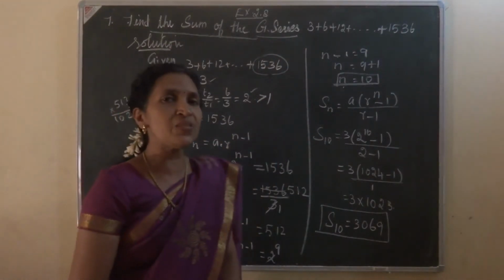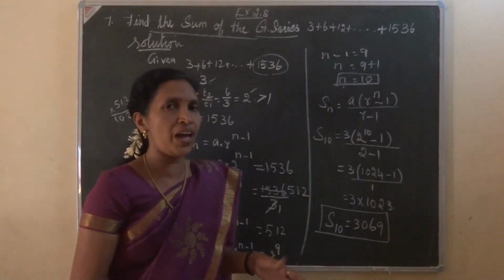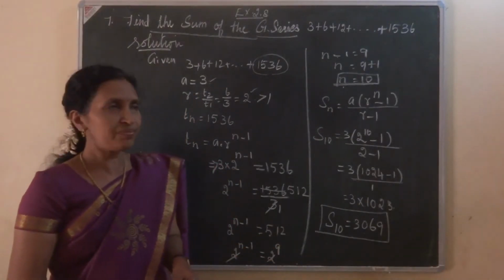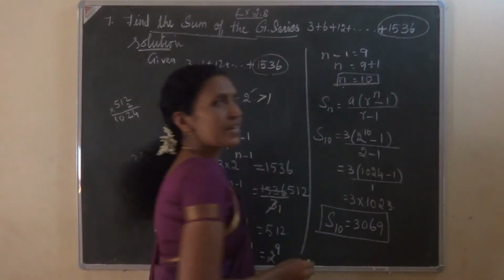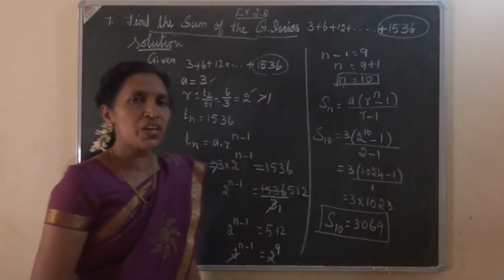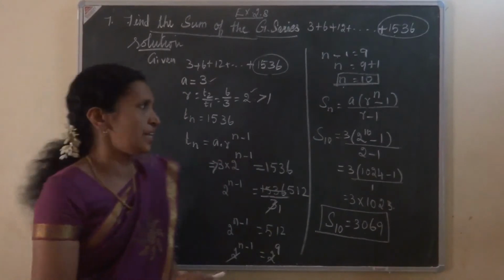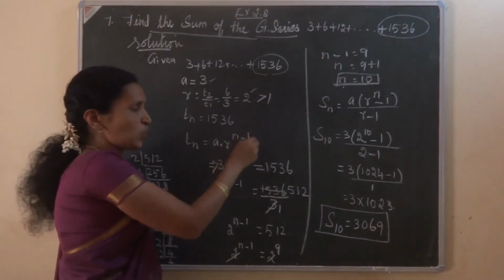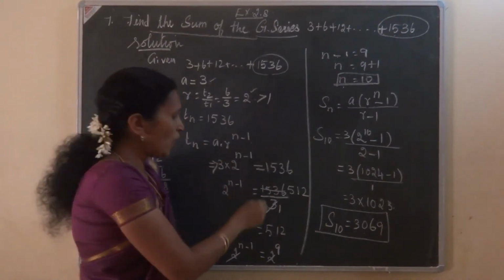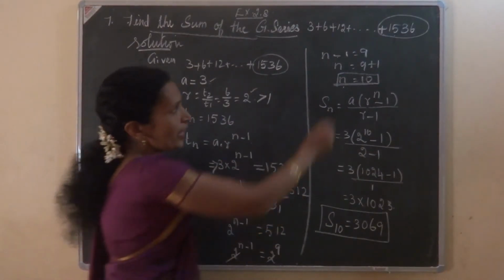Only the series was given. From that series we can find the value of A and the value of R. But here this last term you consider as the nth term. The nth term of a geometric series has the formula A into R power n minus 1. Using this formula you find the value of n.